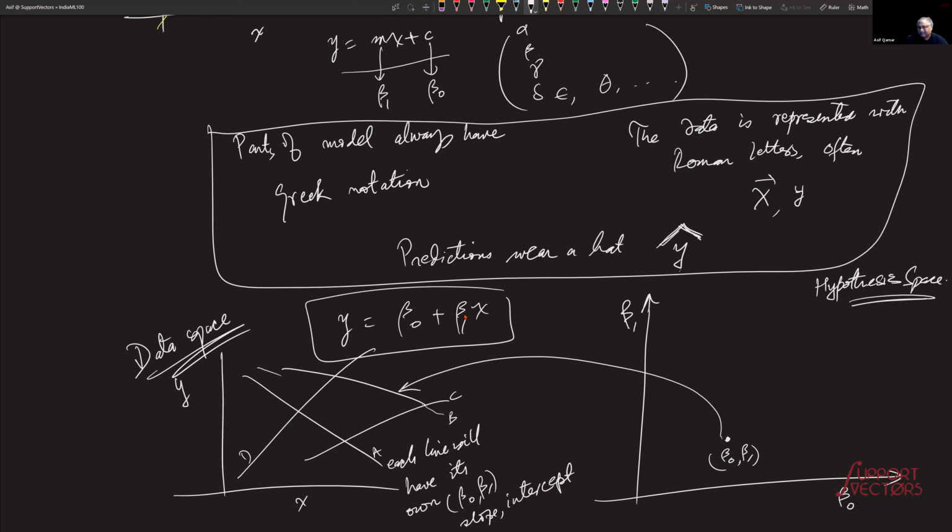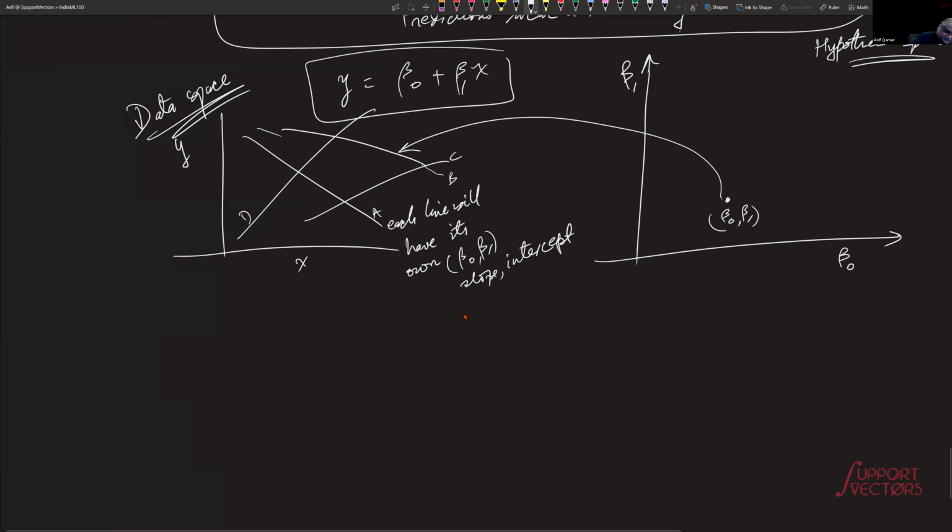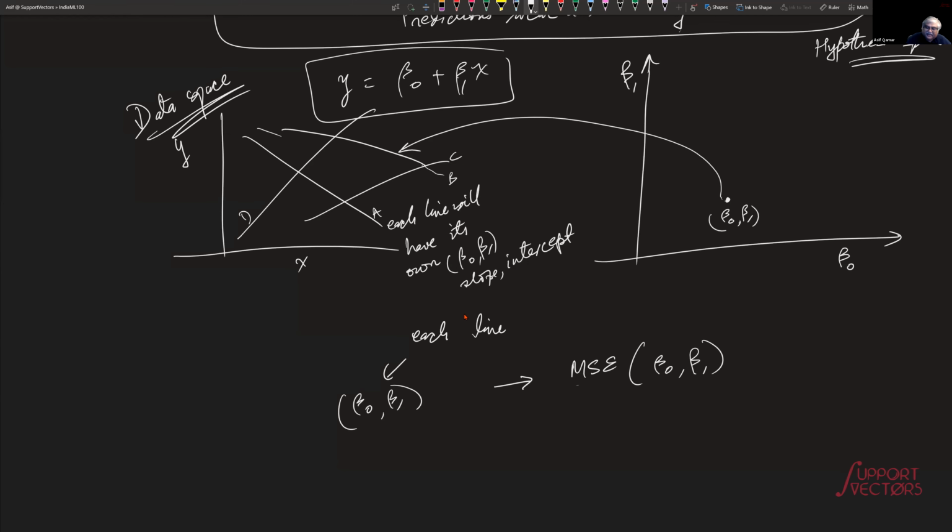And to each point, you realize that so long as each line is given by beta naught, beta 1, associated with this is an MSE, because there is a mean squared error that is associated with this line, right?